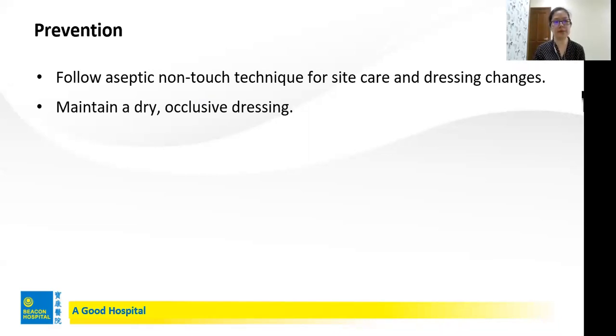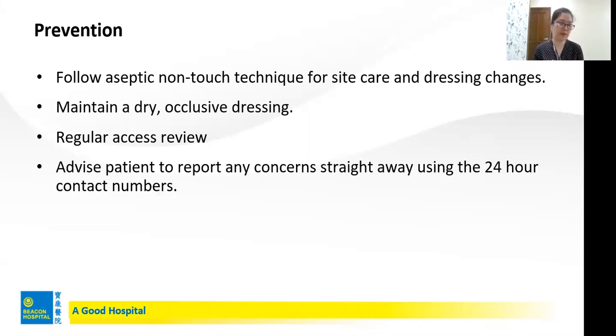If it's not due for dressing change, but you can see the dressing is not intact and is already wet, please do a PRN dressing. Regularly review access and assess for all the early warning signs of infection, and advise the patient to report any concerns straight away. Use the 24 hours contact number.